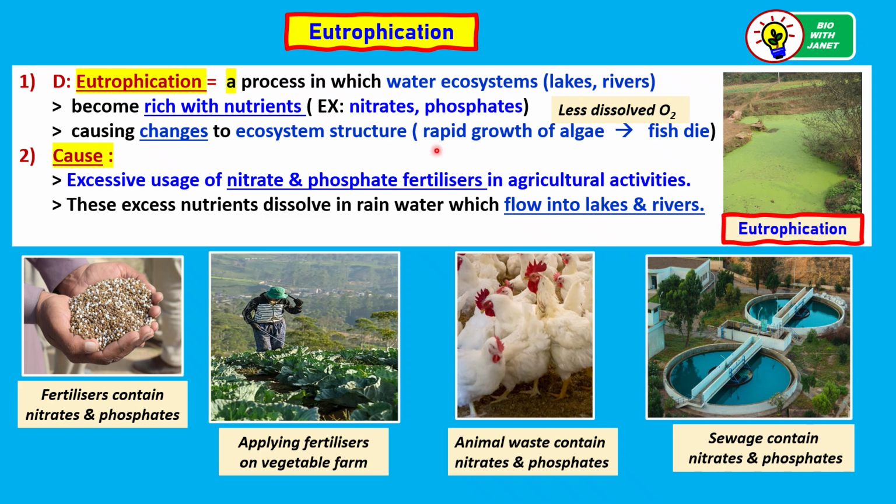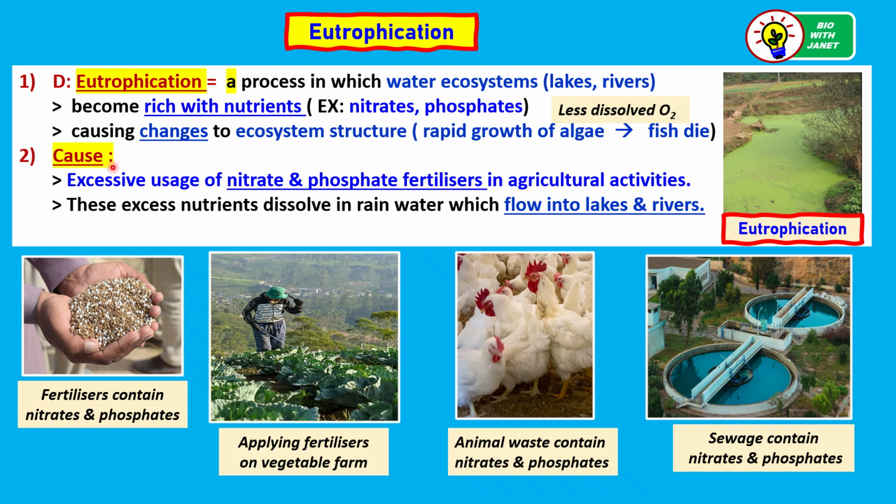For example, they cause rapid growth of algae in the rivers, and then this leads to less dissolved oxygen, and finally the fish will die. So just a brief idea here. Please memorize the definition for eutrophication. It's when water ecosystems or lakes and rivers become rich with nutrients like nitrates and phosphates.